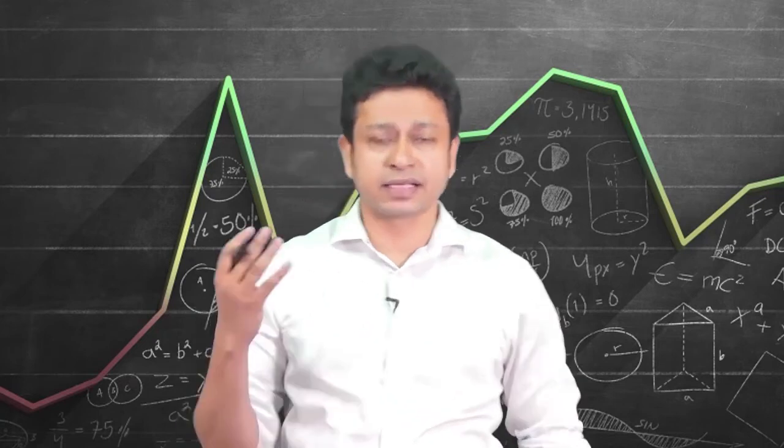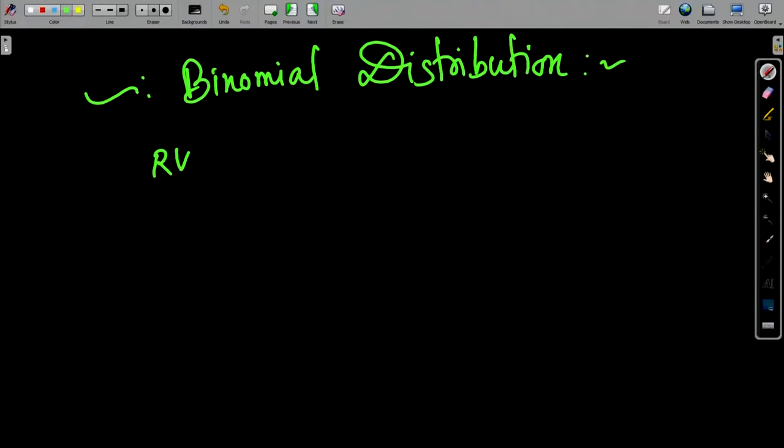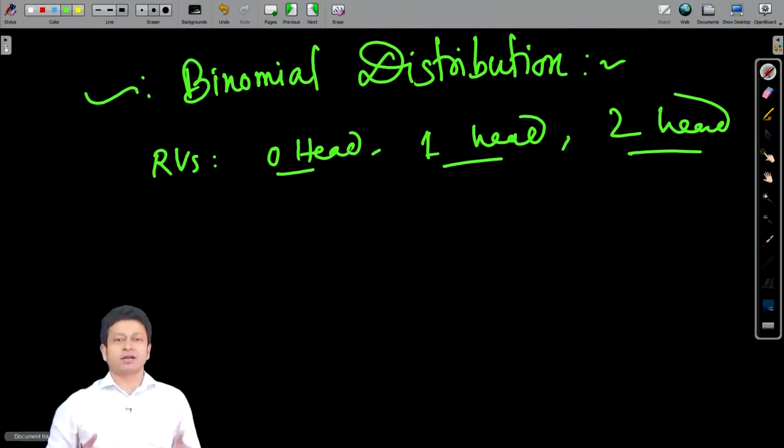Let me give an example to illustrate what I am trying to say. Let us say the random variables are like 0 heads, 1 head, 2 heads and so forth. These are all possible outcomes that you can get. All of these are independent, and they are all identically distributed.